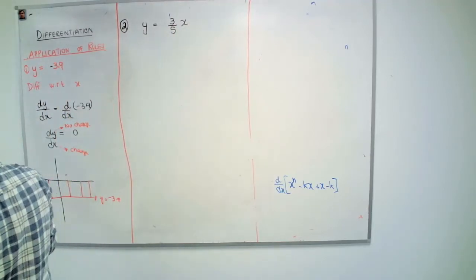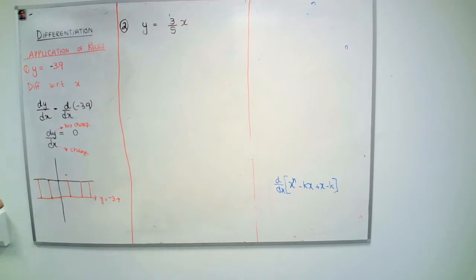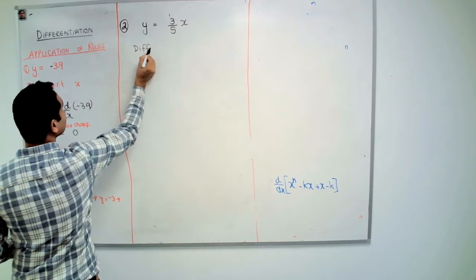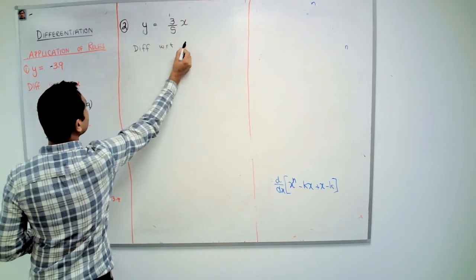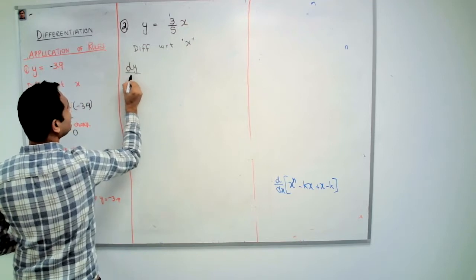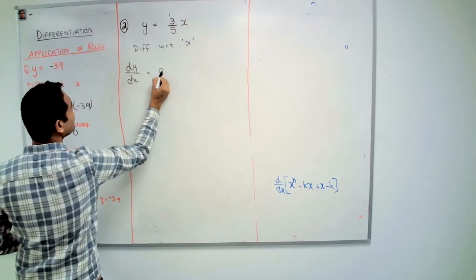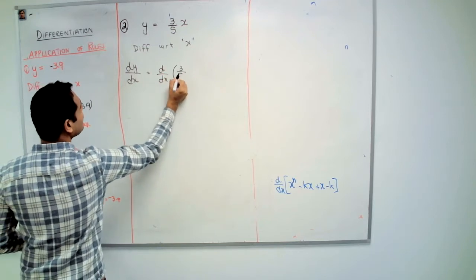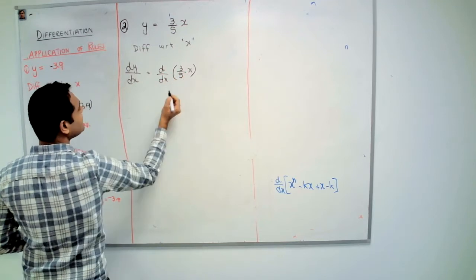Instead of k, I put 3 over 5. That's a constant. Now I need to differentiate with respect to x. So dy over dx equals d over dx of 3 over 5 x.